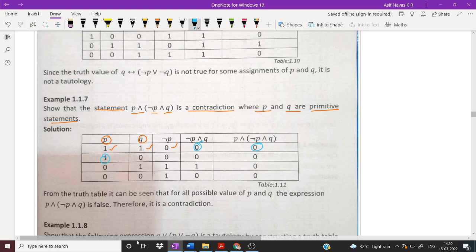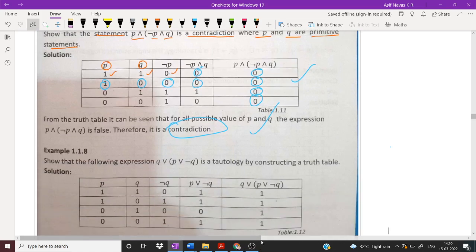Similarly, if P is 1 and Q is 0, negation P is 0 and the conjunction is 0. Similarly, we will get all these values as 0. Then this statement is called a contradiction. Similarly, you can do all other problems.